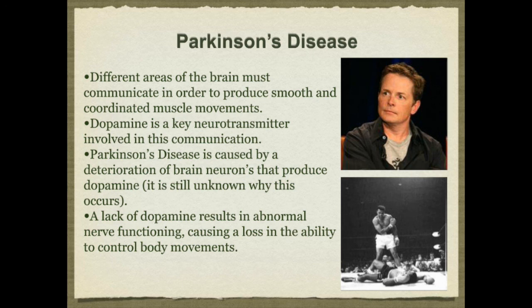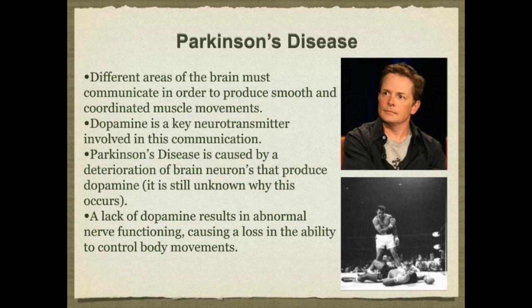Parkinson's disease is a disease that we covered in class just to show what happens when neurotransmitters kind of go out of whack. In this, Parkinson's is caused by basically the brain starts pruning neurons that produce the neurotransmitter dopamine. So we get this lack of dopamine.